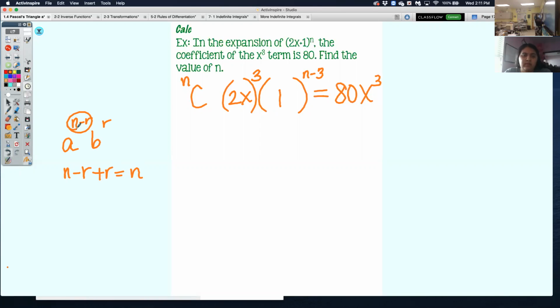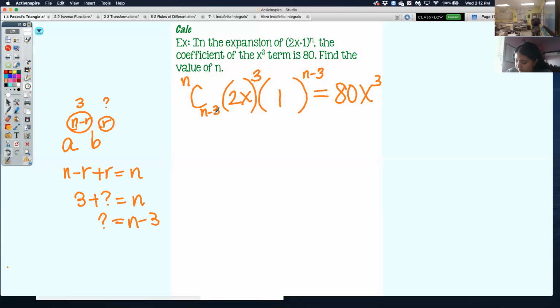If I already know that this one is 3 and this one I don't know, they still need to add up to equal n. So that unknown exponent is n minus 3. That's how we get that, okay? Which means at the bottom here, this is going to be n minus 3. So that's how we set up this equation here.